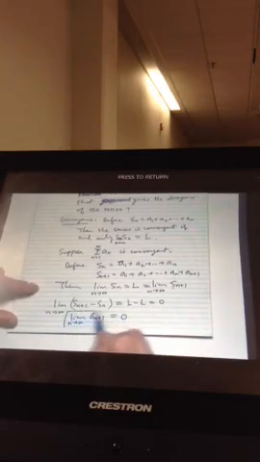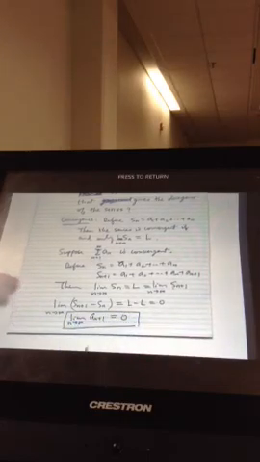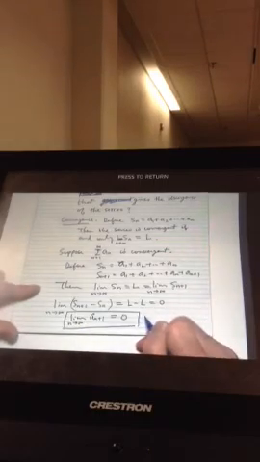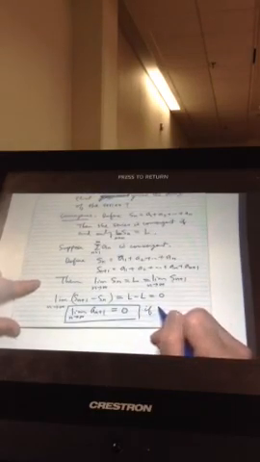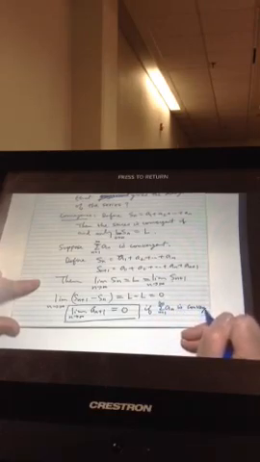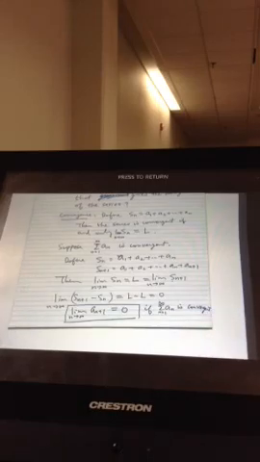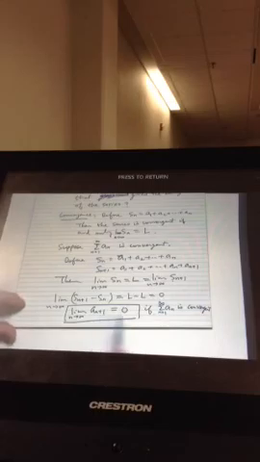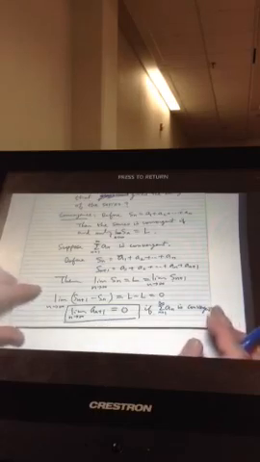So I get this condition. This condition must be true if the series is convergent. If the series is convergent, then its nth term must go to 0.